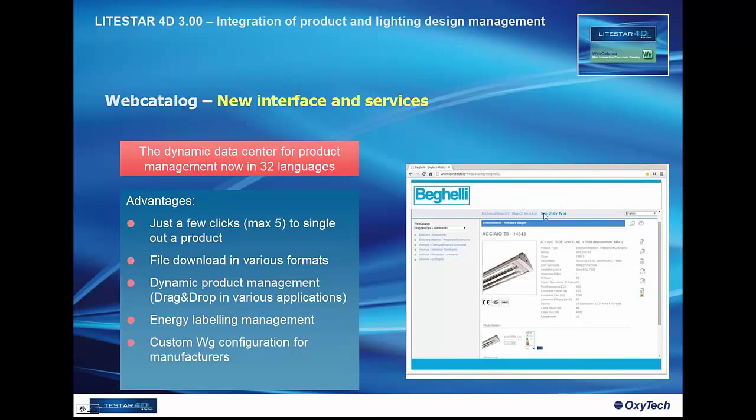It means that we also have some ways to come to the product sheet in less than 4 clicks. At that point, whenever you are at the product sheet, you can download various file formats. You can have an example here.